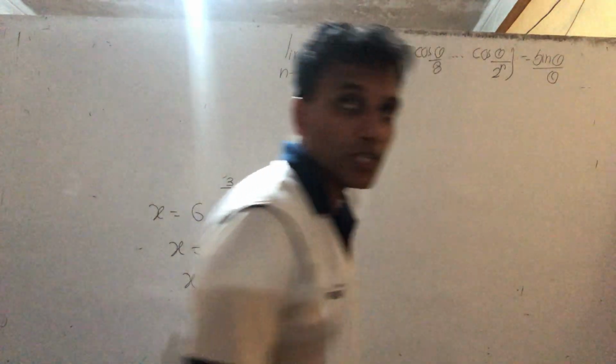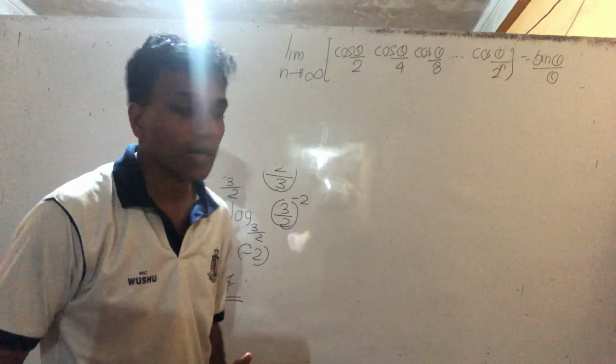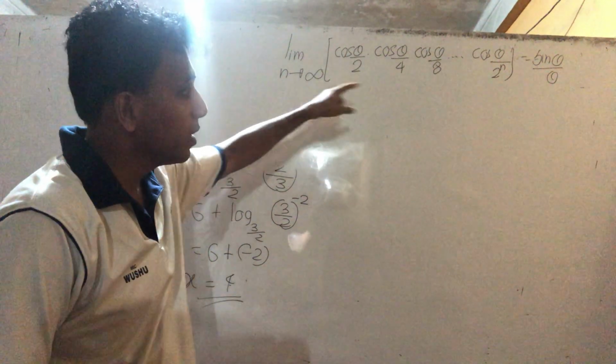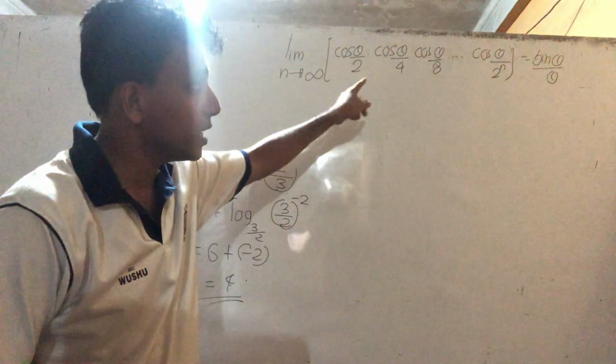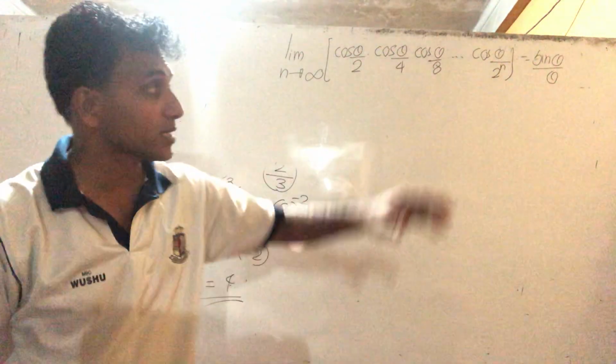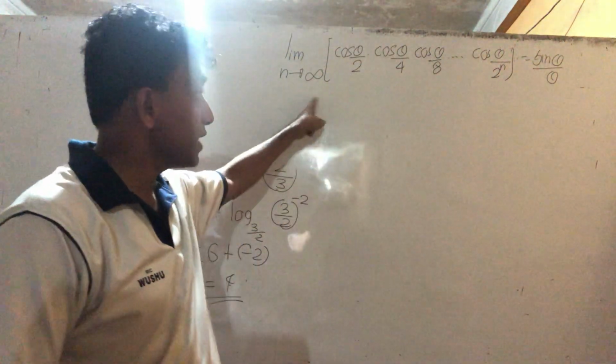Just remember in this question theta acts as a constant, because n tends to infinity. The limit approach applies to n, not for theta. That's why the answer is that. You can't say sin theta over theta is 1. That is when theta approaches 0. Here n tends to infinity.